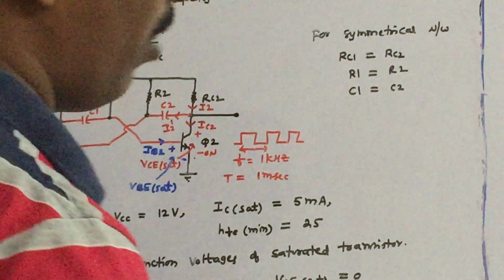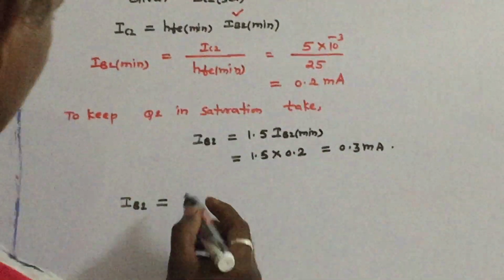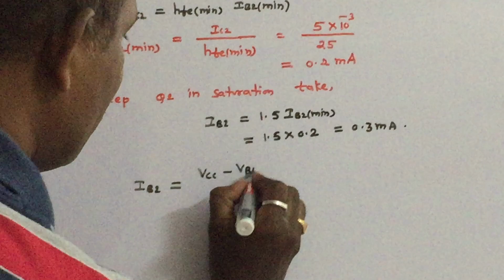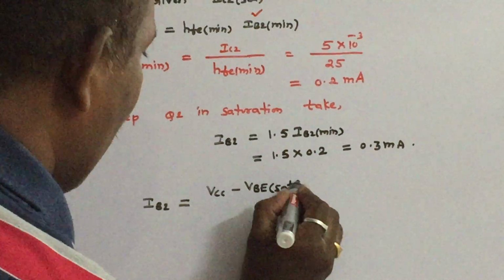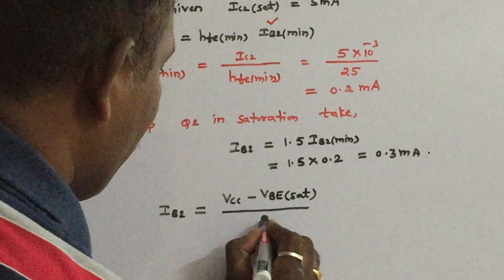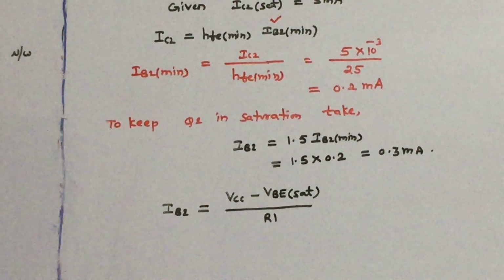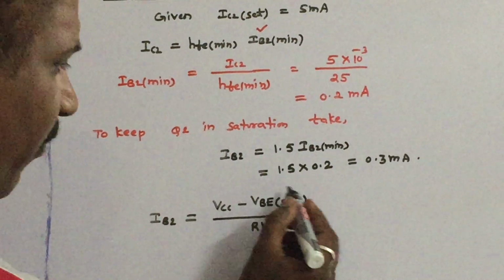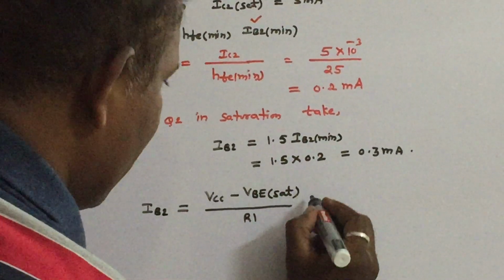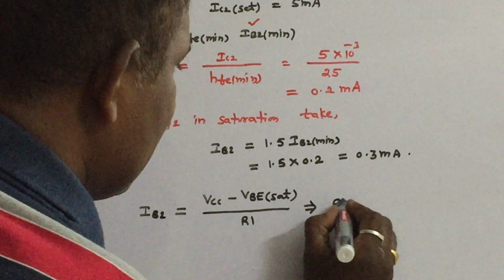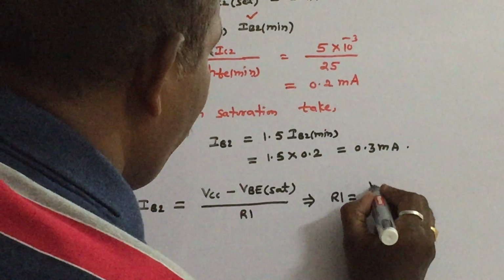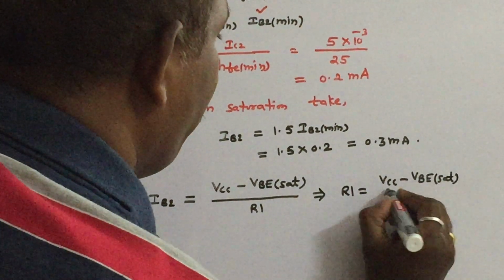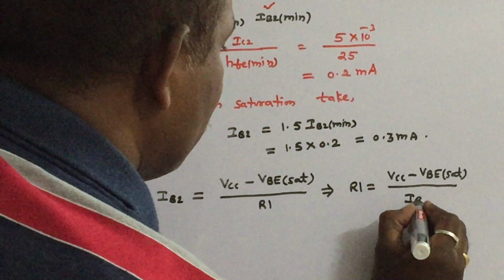So R1 is simply VCC minus VBE saturation by IB2.